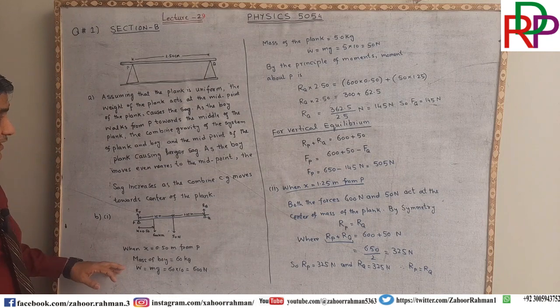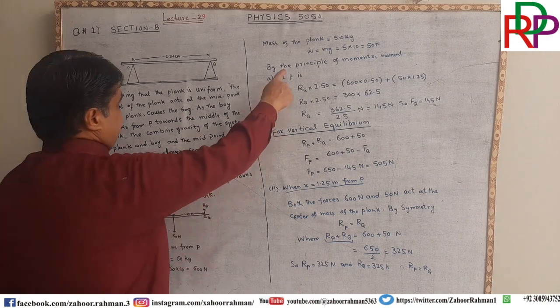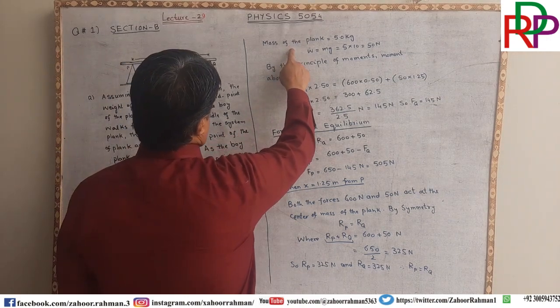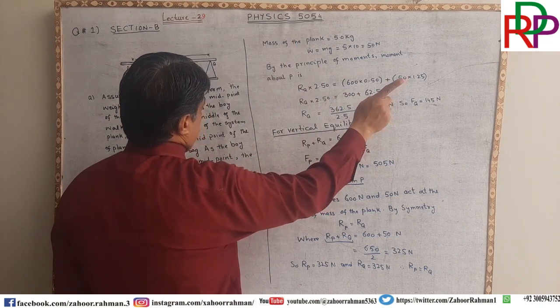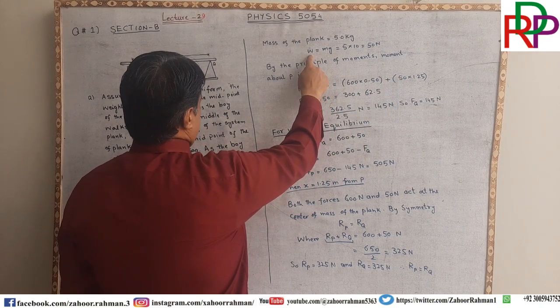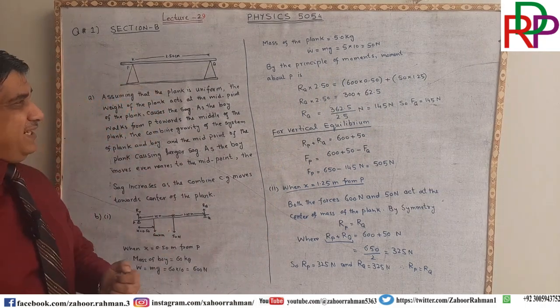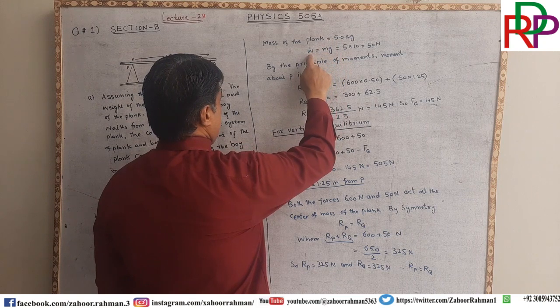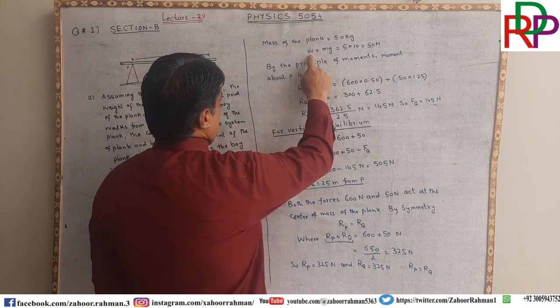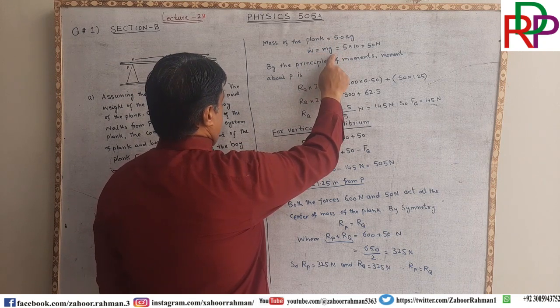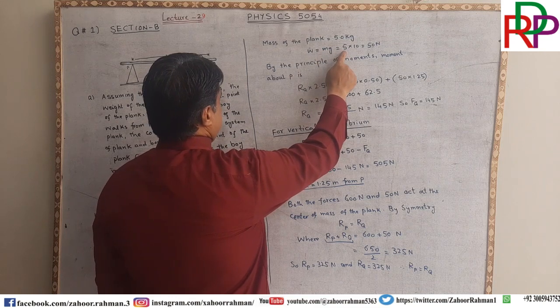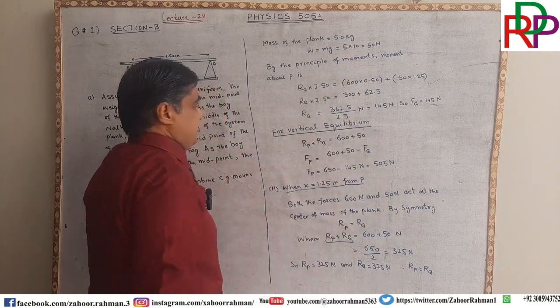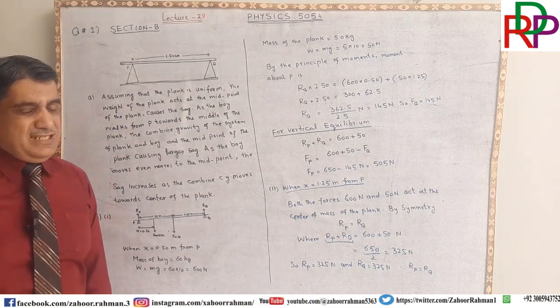Remember, ladies and gentlemen, the mass is given as 5 kilogram here, but we will not deal with the mass because we are dealing with the weight, so we have to convert this 5 kilogram into weight, and you know W is equal to mg, and m is 5, and the g value is given in this question as well.